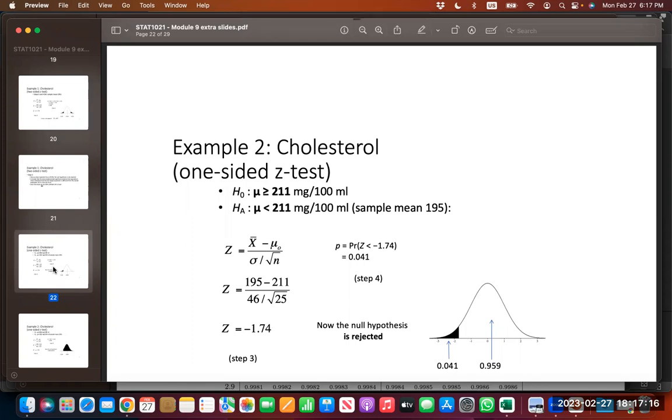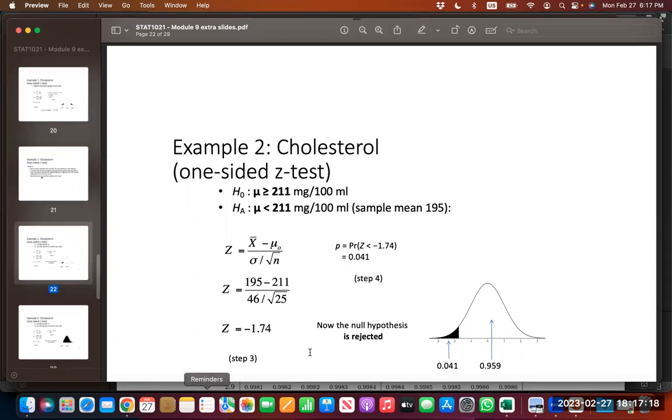The testing will basically be done in the same fashion. You calculate the same z score, but what's different now is that you basically have the tail only to the left, following your research hypothesis.